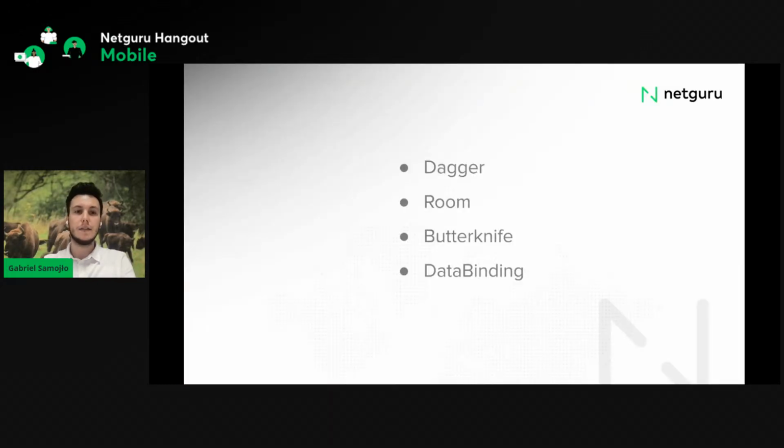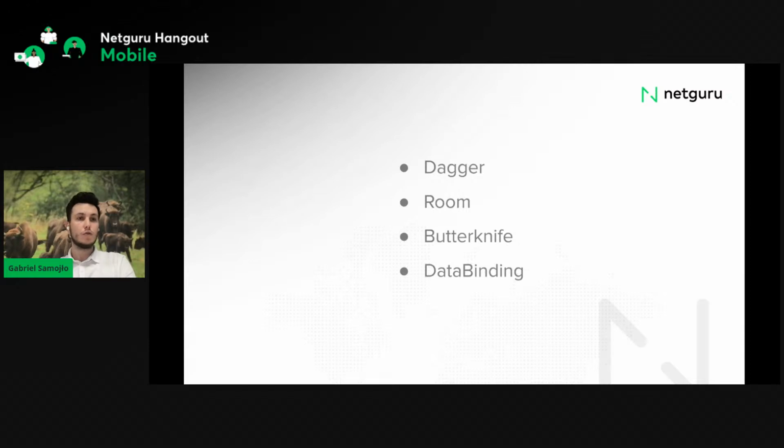For example, Dagger is using code generation and annotation processing for generating the whole dependency graph. Thanks to it, you don't have to maintain the graph by yourself. You don't need to have, I don't know, many lists of generic types, etc. It's all done by code generation.